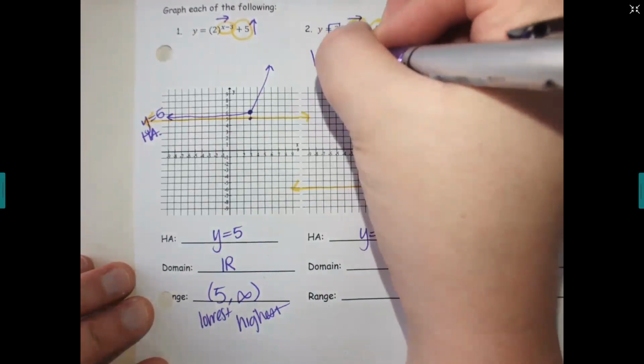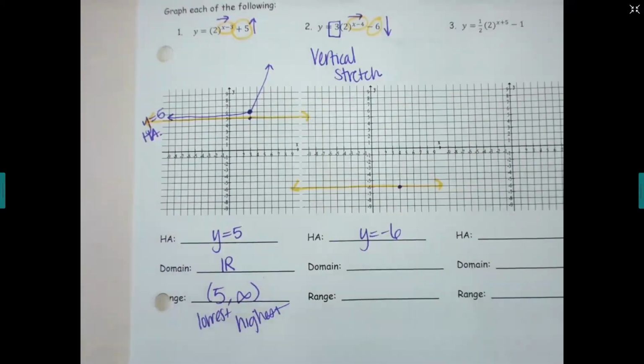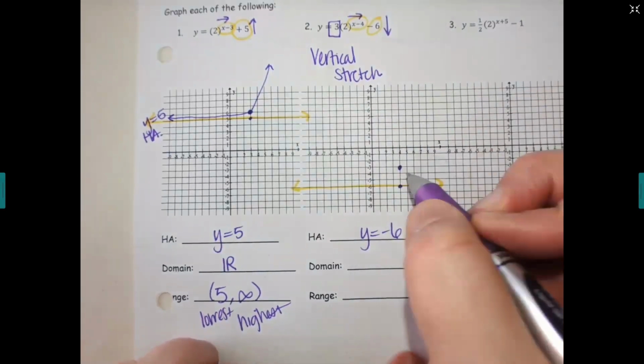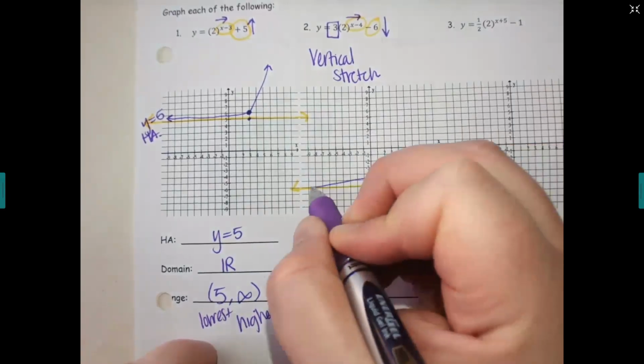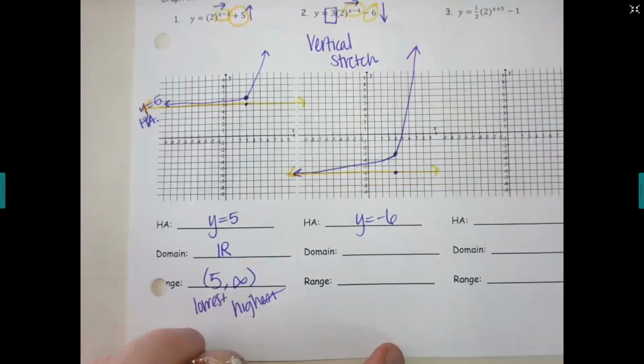Because 3 is bigger than 1, we're going to call it a vertical stretch. And so instead of placing my dot 1 box above the new center, I'm going to place it 3 boxes above the new center. So 1, 2, 3. And then remember, it's going to go down towards the line on this side and then up on that side.